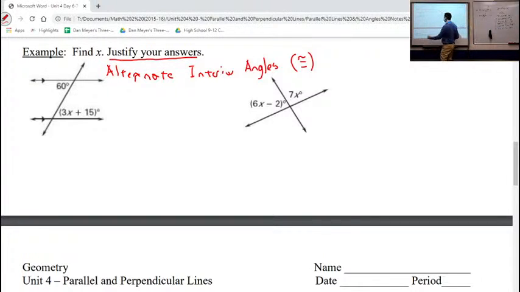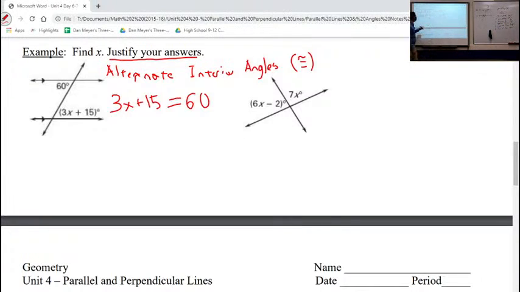So that means if I'm setting up my equation, I want to make them equal. Because they have to be equal. So what are my two measurements? 3x plus 15 is one of them, and then 60 is the other. And they have to be the same. That's what we're saying here. Ease back in with a pretty easy equation to solve.